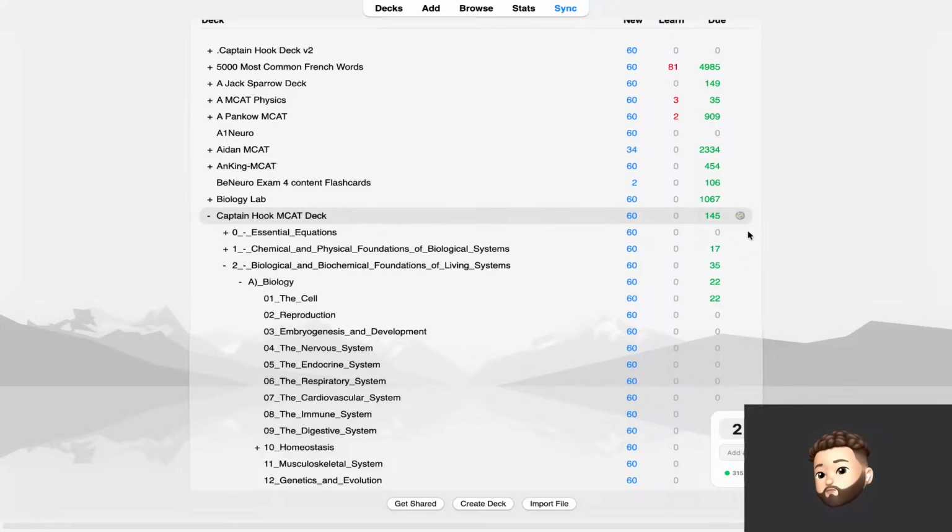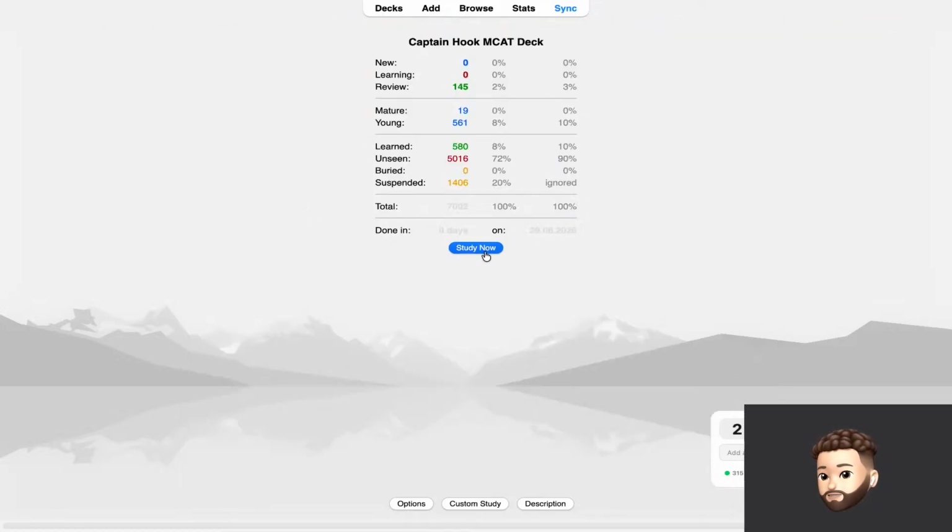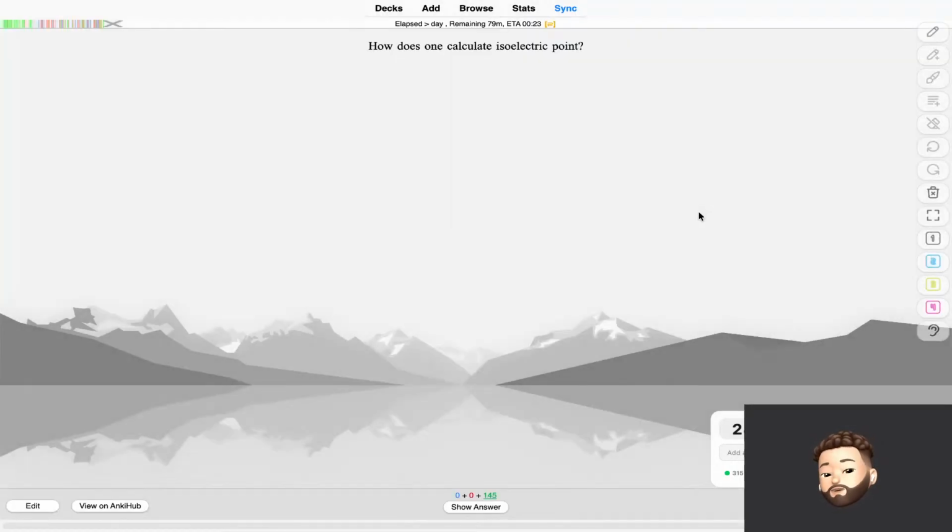We're going to try to zoom through these reviews. All right, how does one calculate isoelectric point? Isoelectric point for a neutral amino acid is going to be the average between the carboxyl group and the amino group.